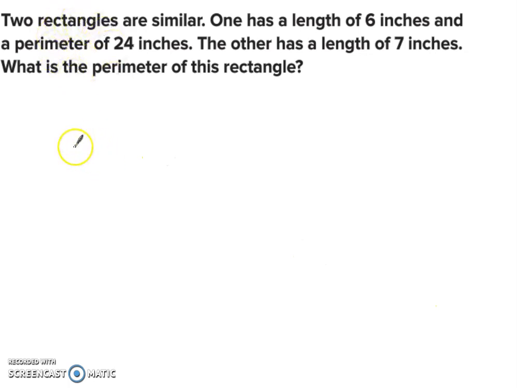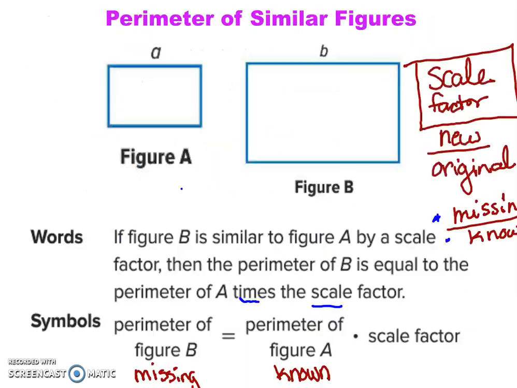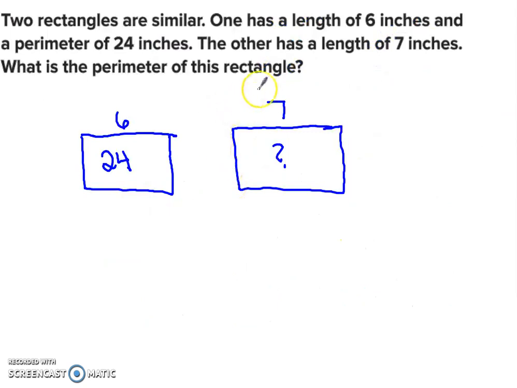Okay, 2 rectangles are similar. One has a length of 6 and the perimeter is 24. The other one has a length of 7, and we're looking for that one. Again, missing over the known. This one's my missing one. So it's going to be 7 over 6. This is my scale factor.